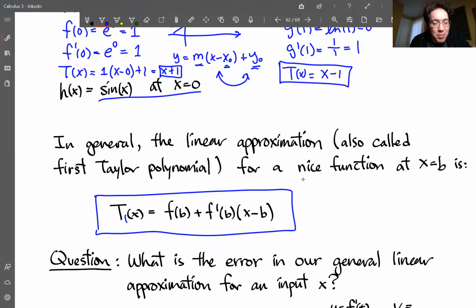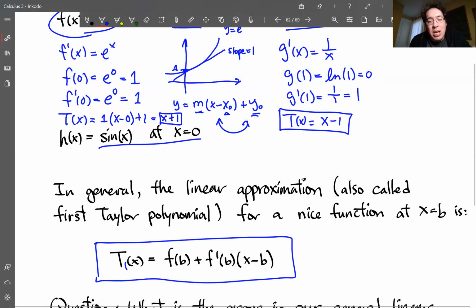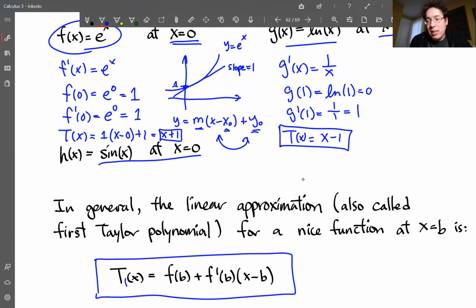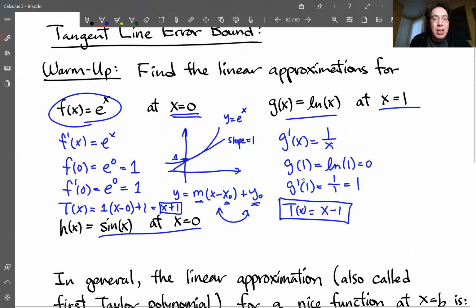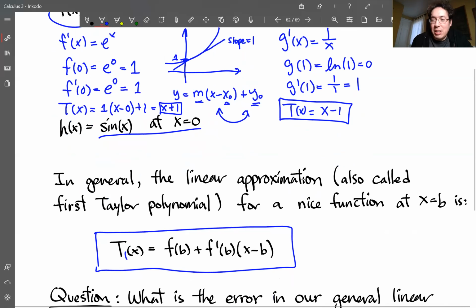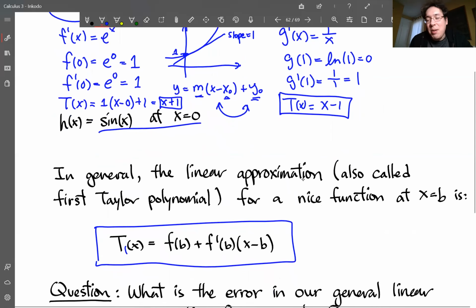Okay. All right. So we've done this. I don't know if you remember or not, but we've done this in Calculus 1. But the thing about approximation is that it is not as useful if you don't know how much you're off by.